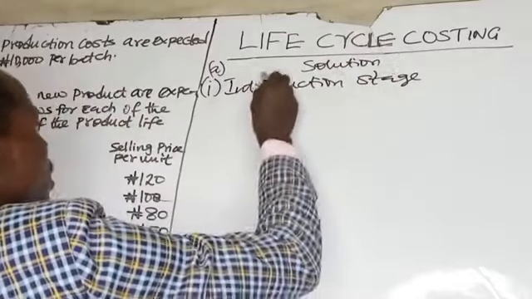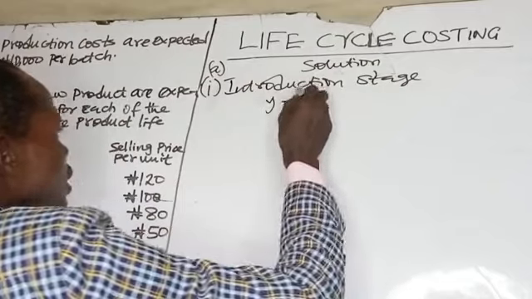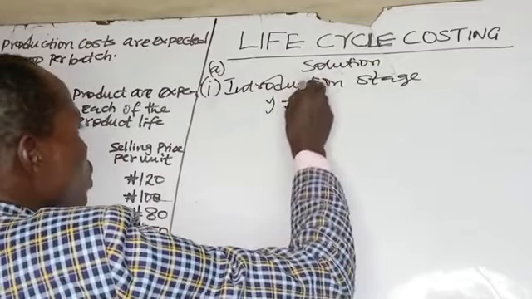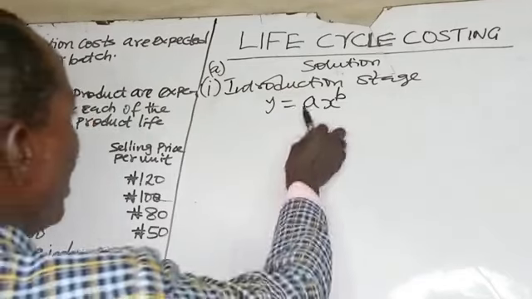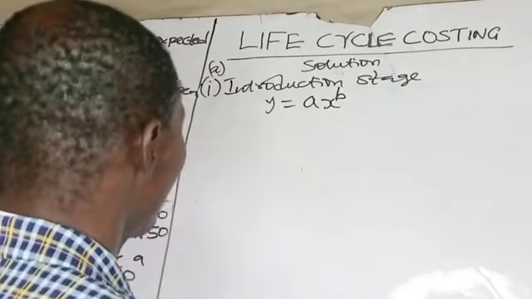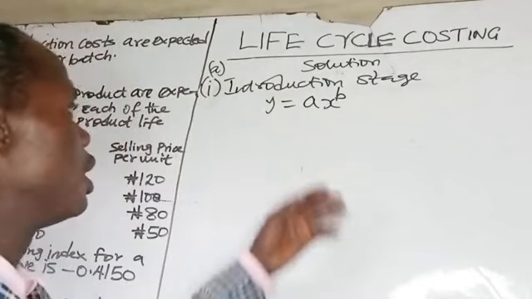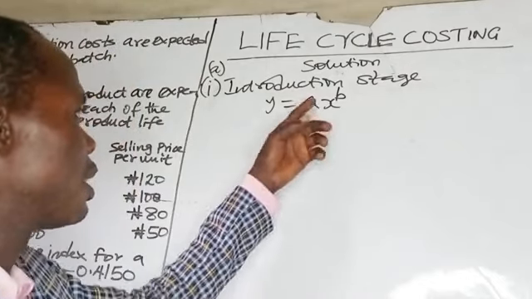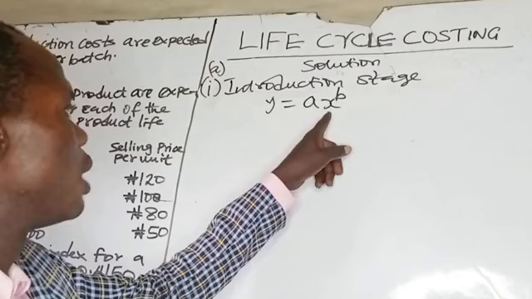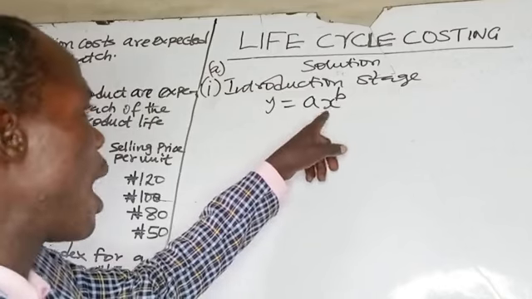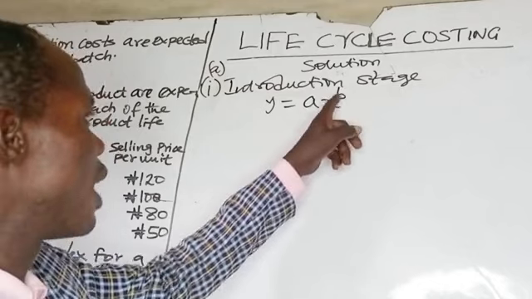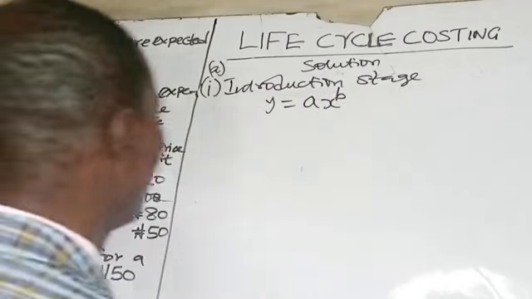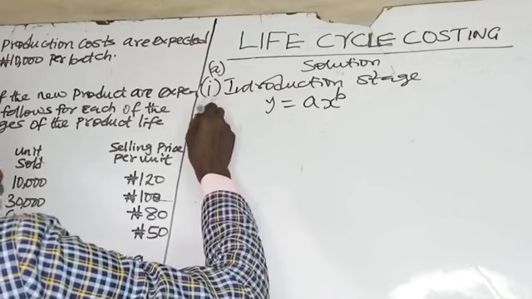You know, the learning curve formula is given as Y equals aX raised to power b, where a is the cost or time of producing the unit in the first batch, x is the cumulative output over the number of units in the first batch, b is the logarithm of the learning rate over the logarithm of 2.